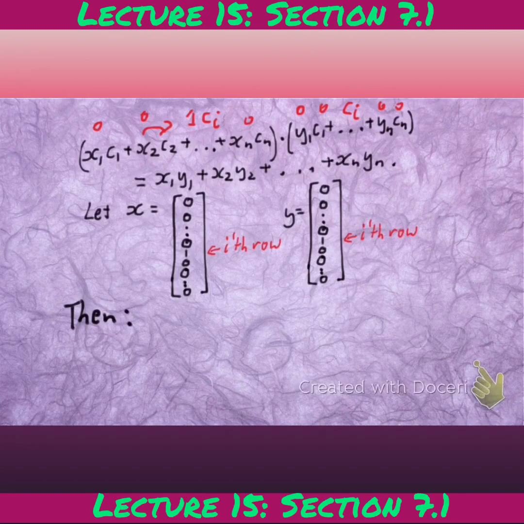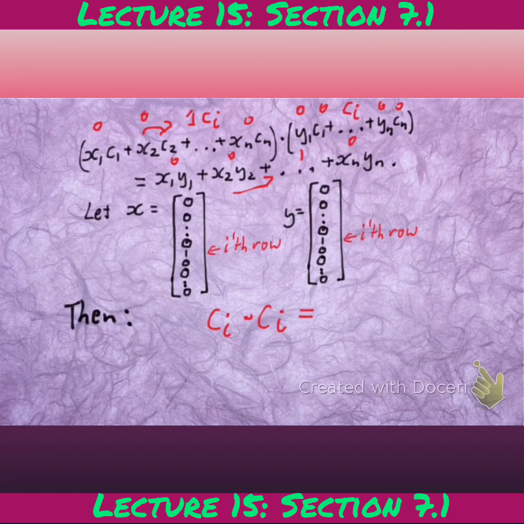So we get ci dot with ci. On the right hand side, we eventually get to xi yi, and we replace xi with 1 and yi with 1, so you get 1 there and zeros everywhere else.